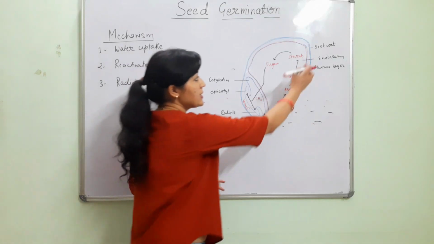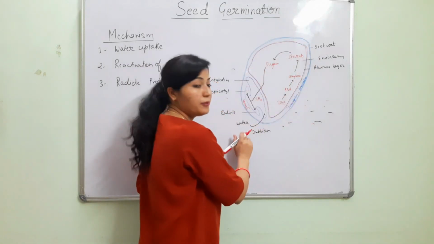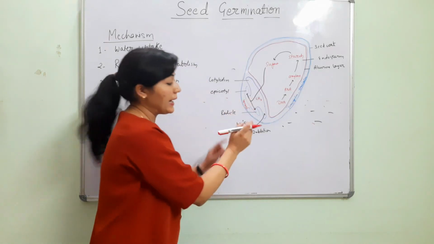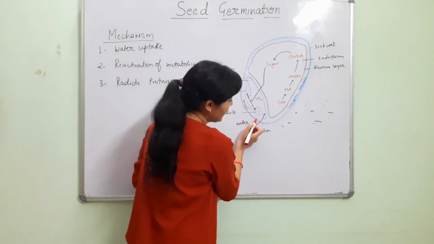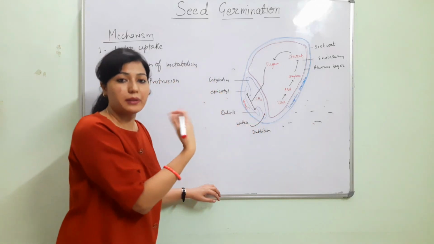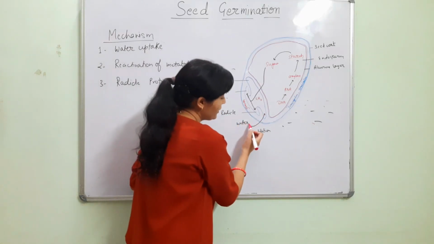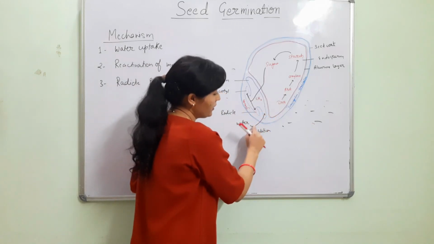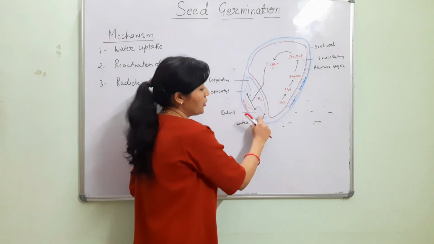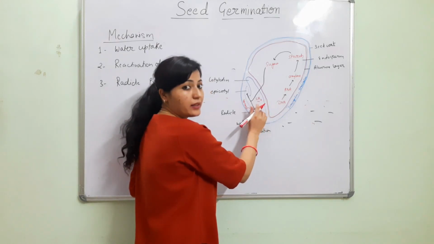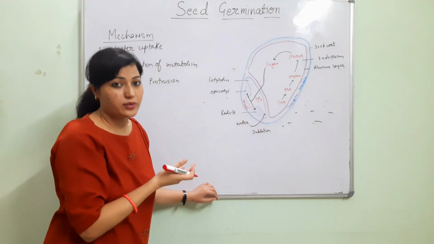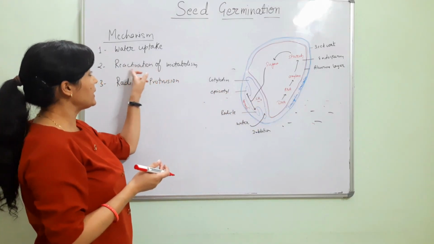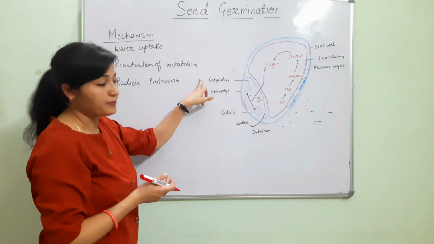First the seed coat absorbs the moisture, which causes swelling of the seed coat, and then the inner layer of the seed coat will burst out, and then water starts to move inside the cell, where gibberellic acid is present along with other solutes. Okay, and the second phase starts, the reactivation of metabolism.